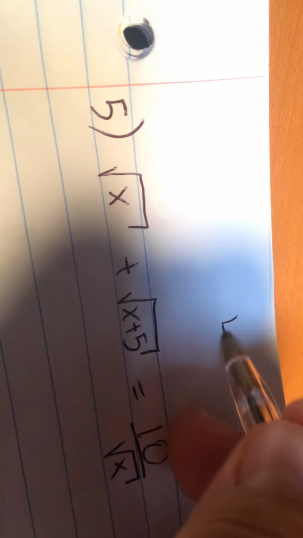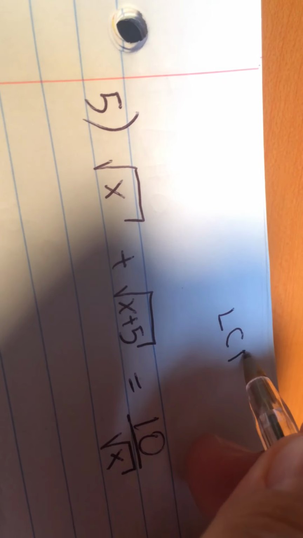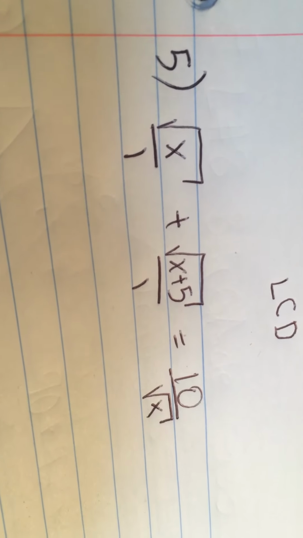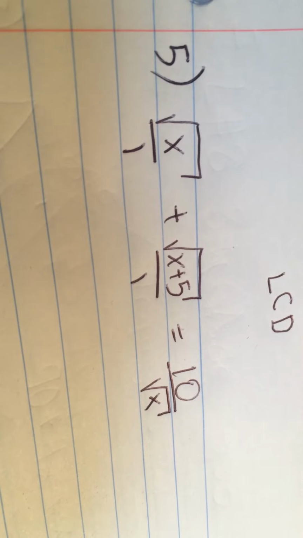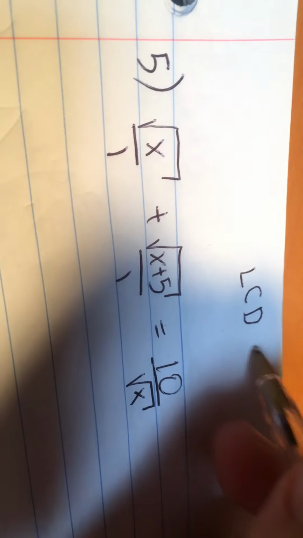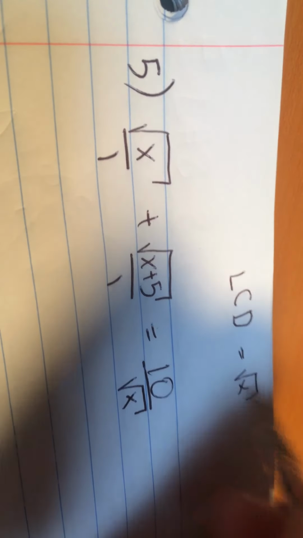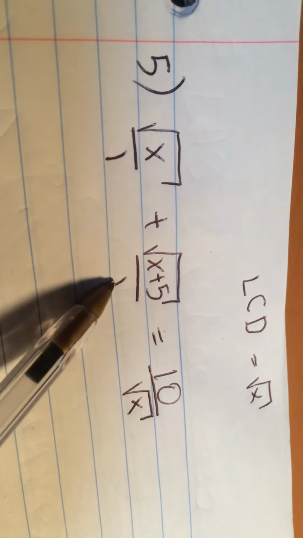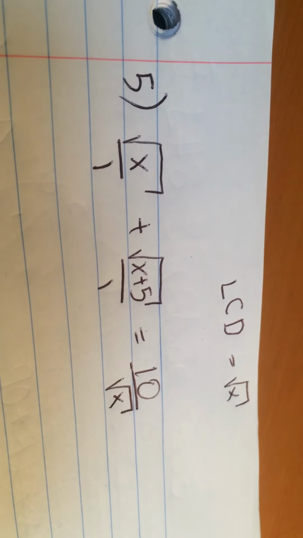What you need to remember is least common denominator. Because in this case, the denominator is 1, the denominator is 1. So what is the least common denominator for all of these terms? It's going to be square root of x, because square root of x can divide this one, this one, and this one.